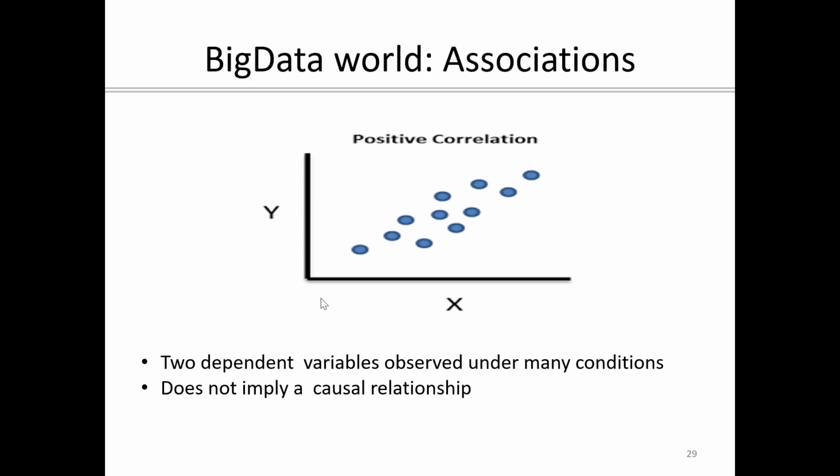So when we talk about big data sets, which these matrices represent, the most frequent type of analysis is some form of correlation, where we have independent variables, let's say here 2, and we observe them under many conditions, and then we can see how they associate with each other.